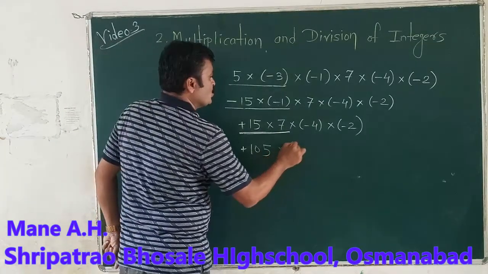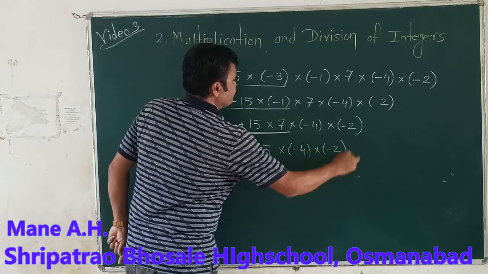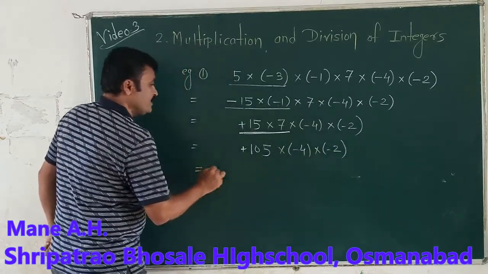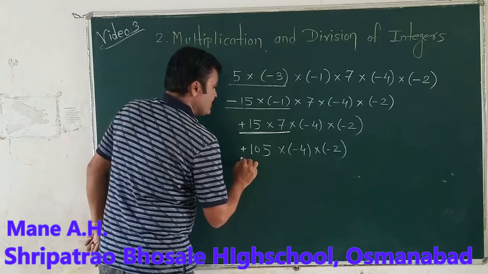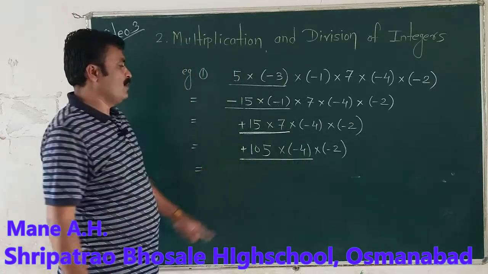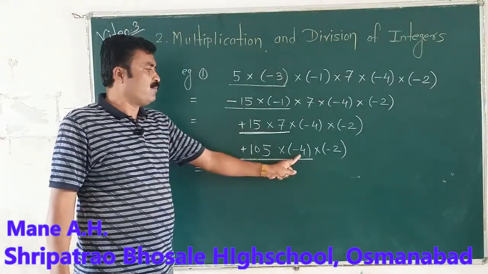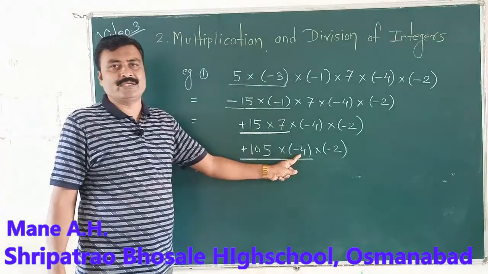Now into minus 4 into minus 2. Let's take the next multiplication, between 105 and minus 4. 105 is a positive integer, and minus 4 a negative integer.